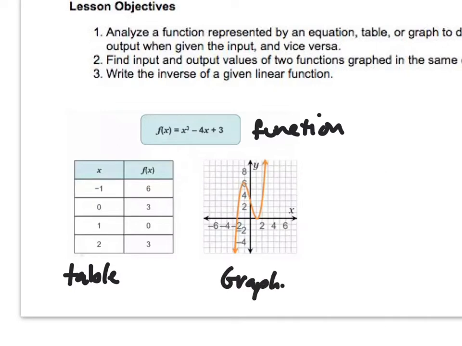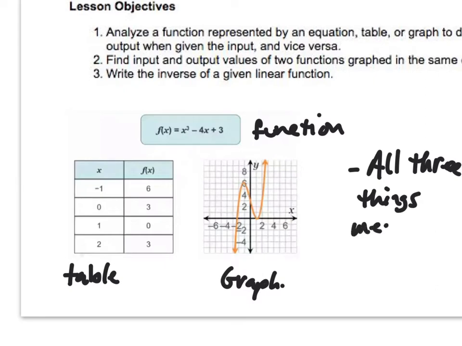The main thing I want you to come away with is that all three things mean the same thing. We use the function to help generate a table of values, and then we can plot those values on a graph and see what we got. So that's what we're doing today.